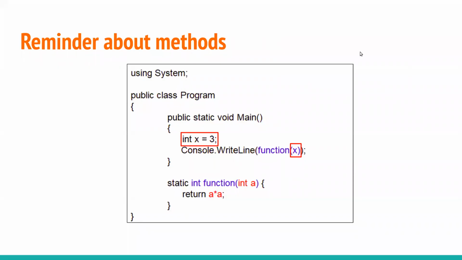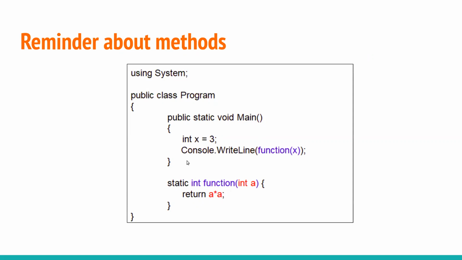Now, there are two different important ideas here. How the computer passes x to function, because we say int x equals 3, function x, and the static method function saves it in a variable called a. How does that process occur? How does the computer do that?